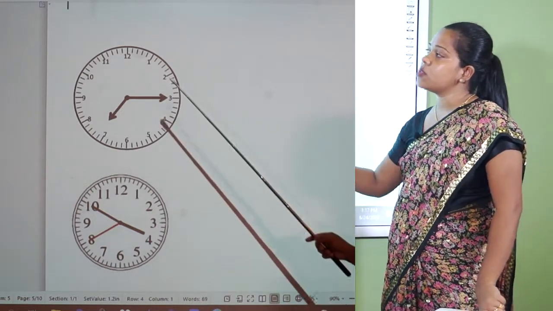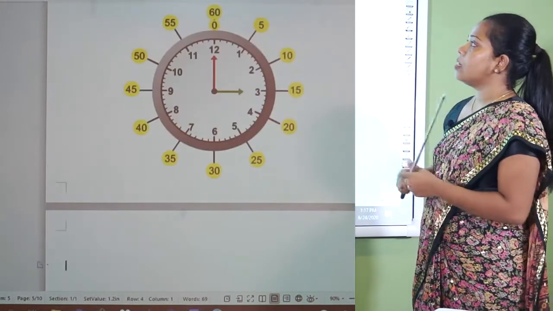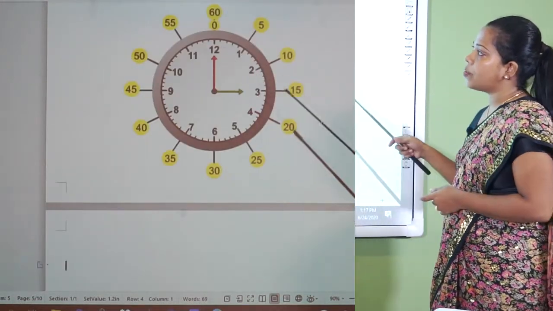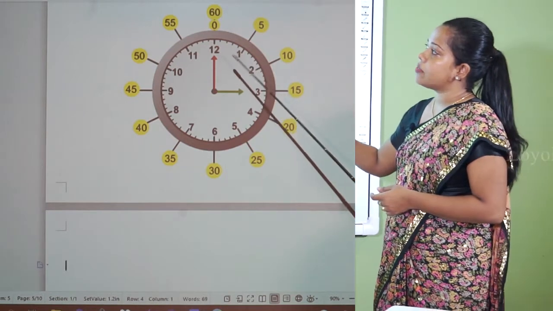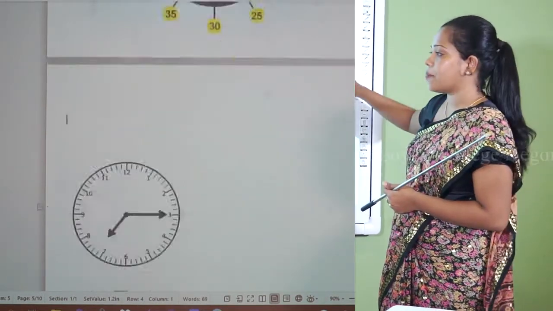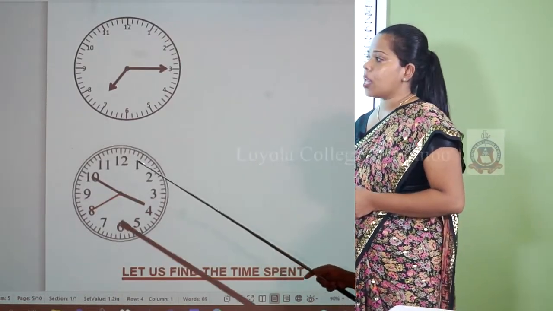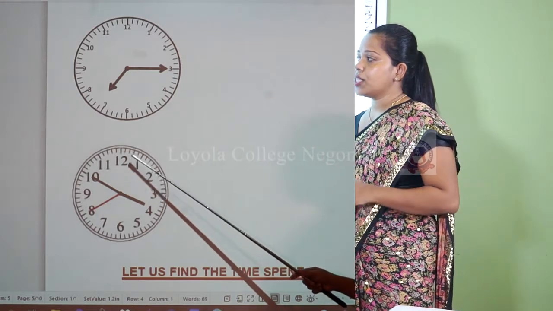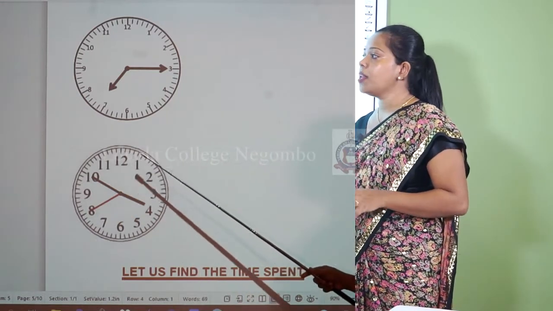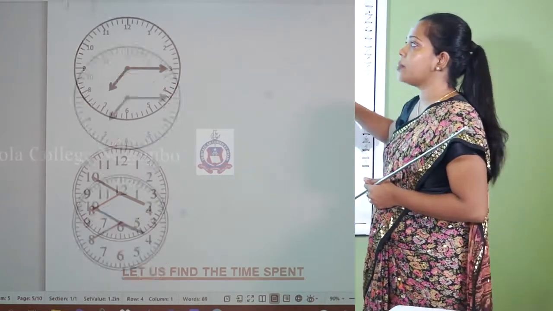From 7 to 7:15, how many minutes have passed? That means 12 to 3. It's 15 minutes. Here the time is 3:50. And imagine the time was 3 o'clock. How many minutes have passed from 3 to 3:50? How many minutes?